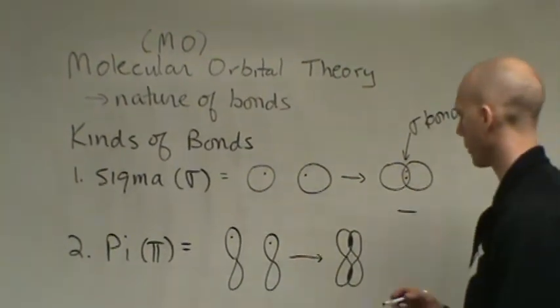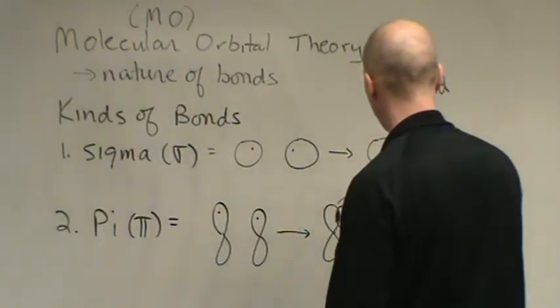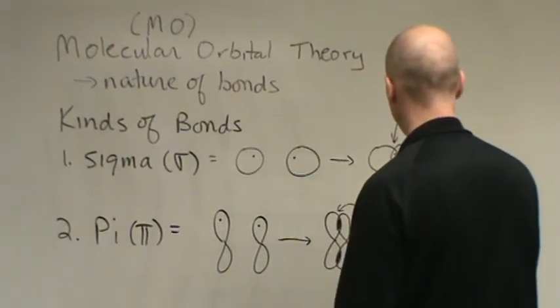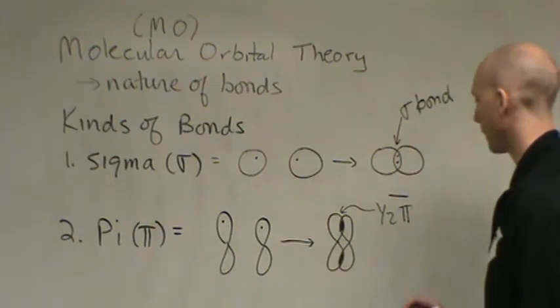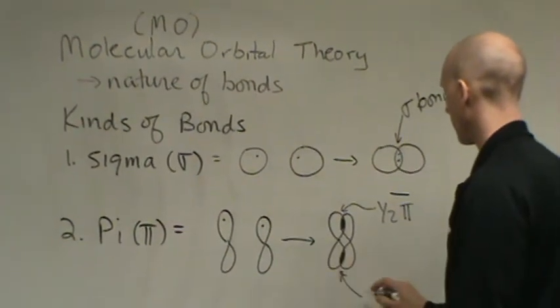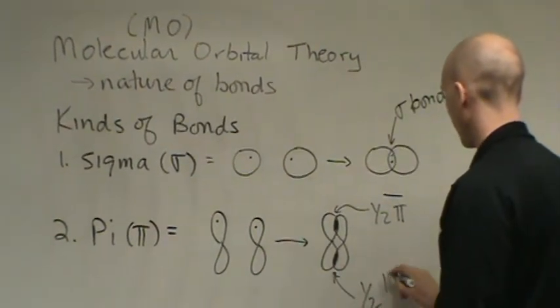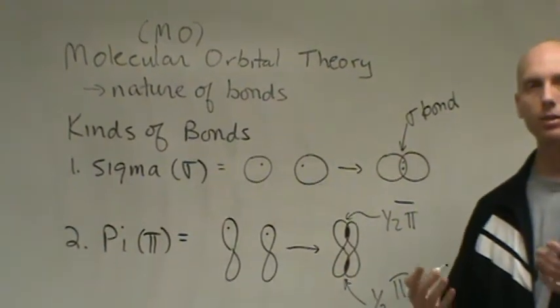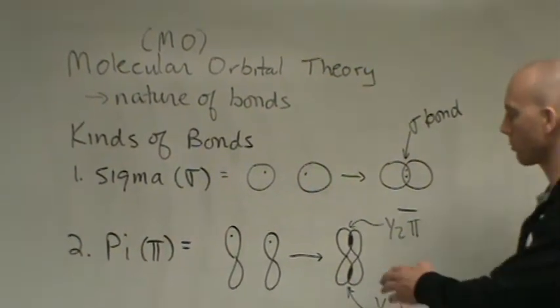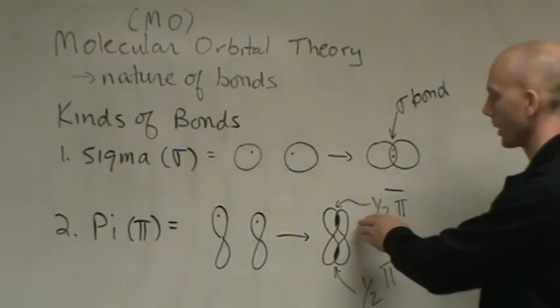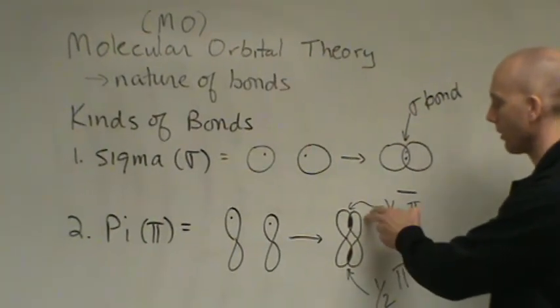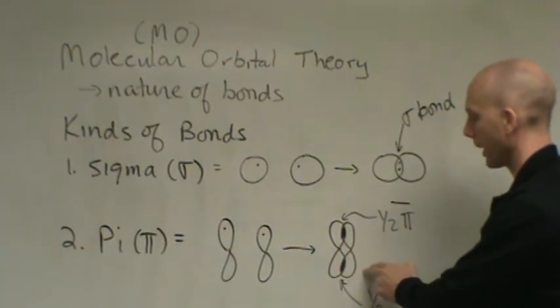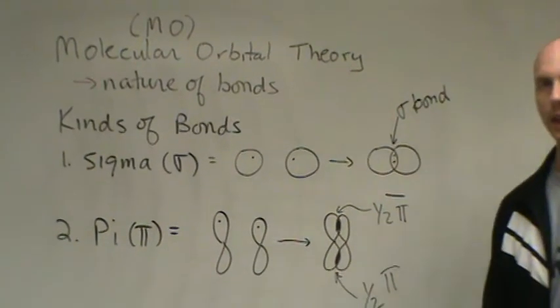Yes. The way we view that is that this is counted as half of a pi bond, and this down here is another half of a pi bond. And a half and a half is one. So the way to view the pi bond, write it down, is that it's evenly distributed on the top and the bottom of this overlap.